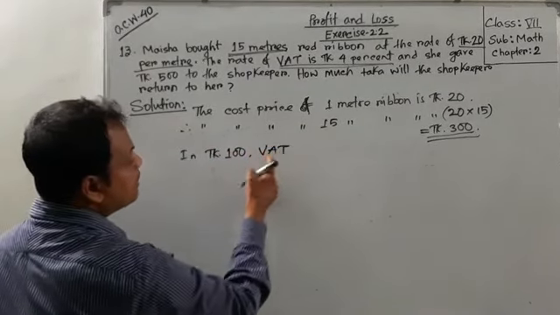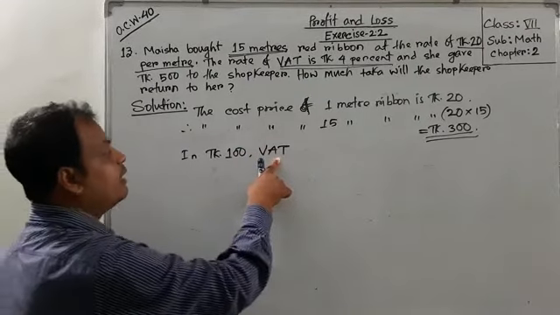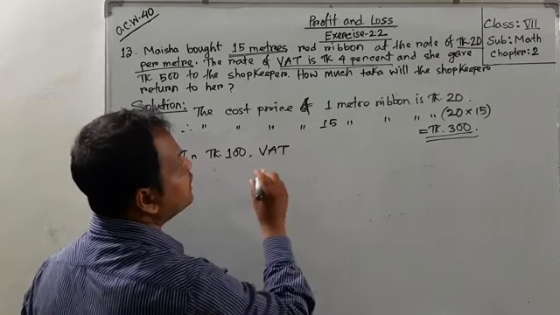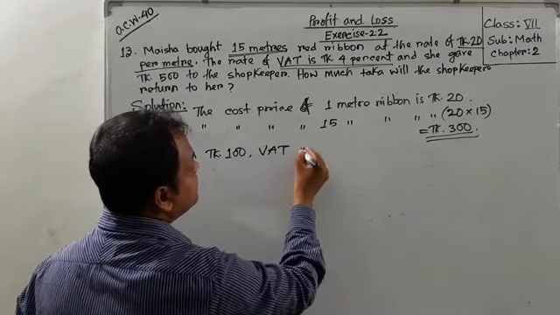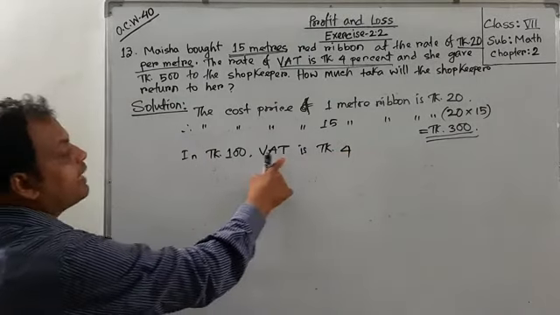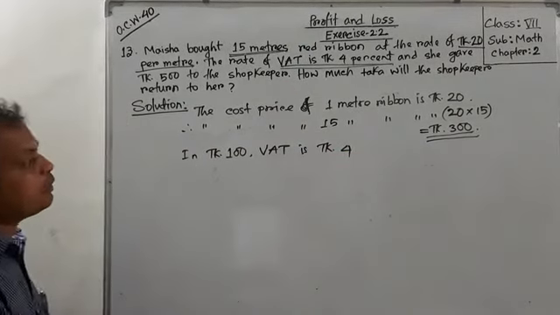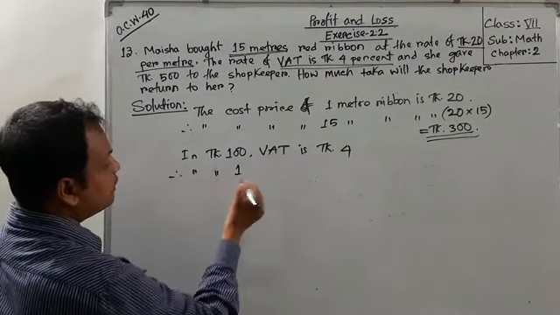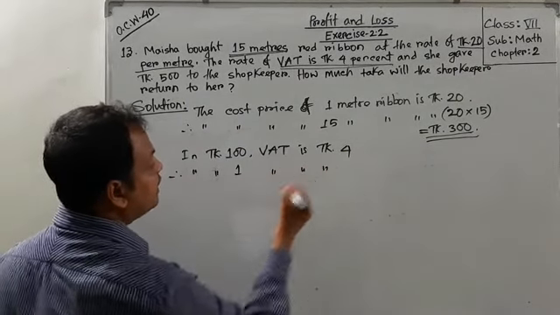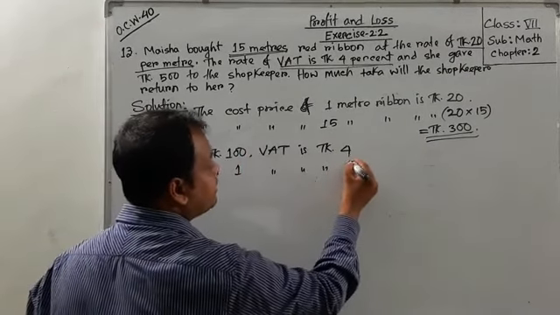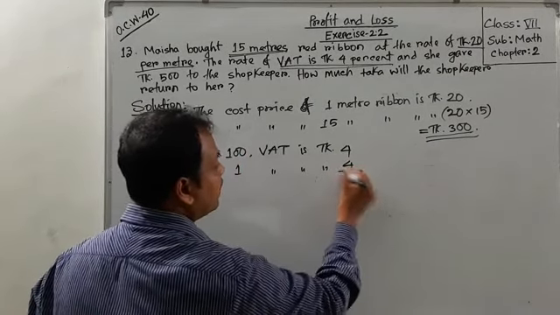We have to write VAT in capital letters, as it's an abbreviation. In taka 100, VAT is taka 4. Therefore, in taka 1, VAT is 4 divided by 100.